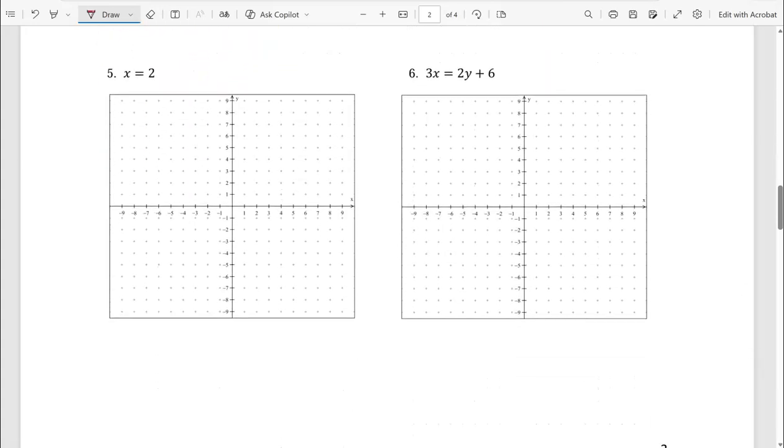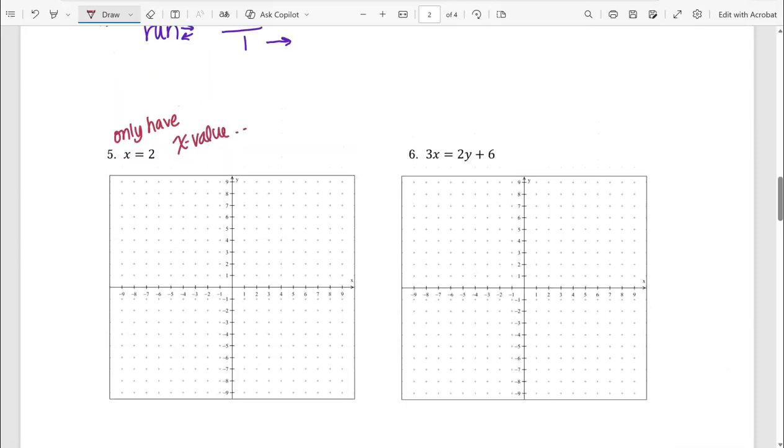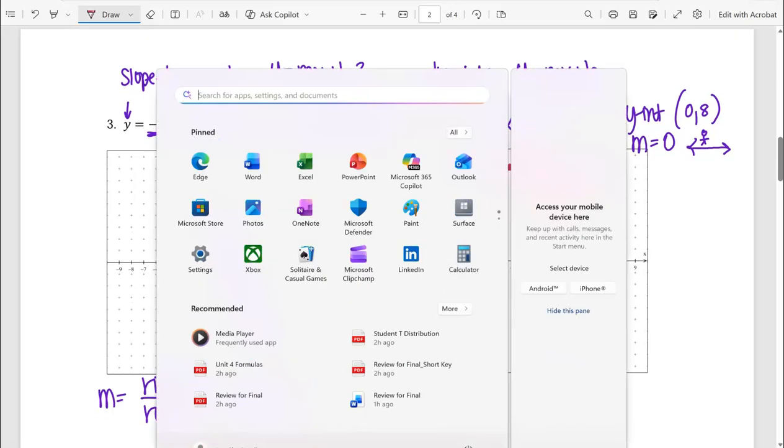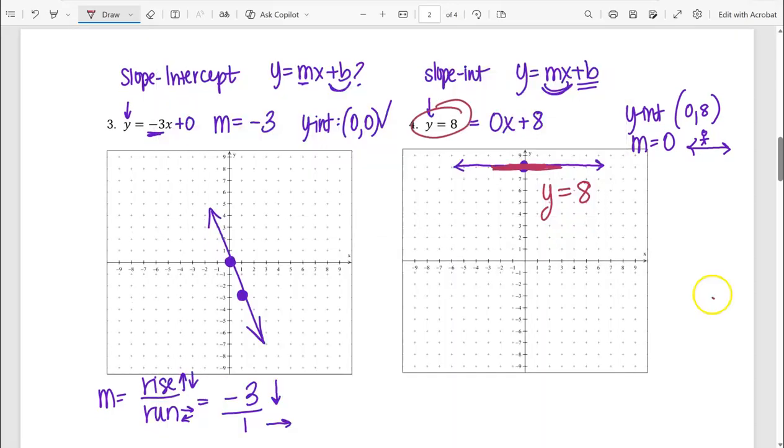If you have the other special case, notice here I only have an x value, an x variable. Where in the previous example, I only had y equaling some number. If y equaled a number, then I cut the y-axis.